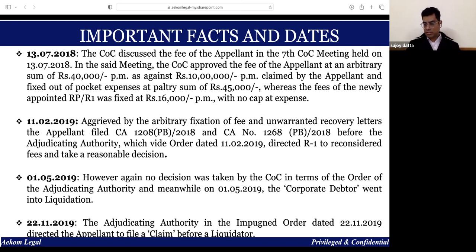Is that the nature of the claim? It was held that no, but we'll come to the finding. And the second question was whether this will be decided now by the liquidator. Is the liquidator empowered to decide this question because the CoC is no longer in existence?